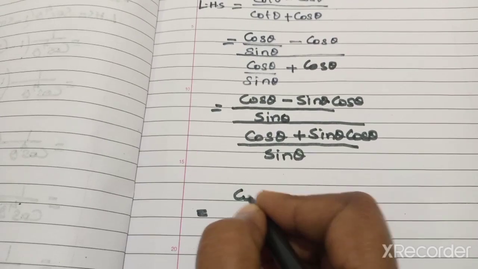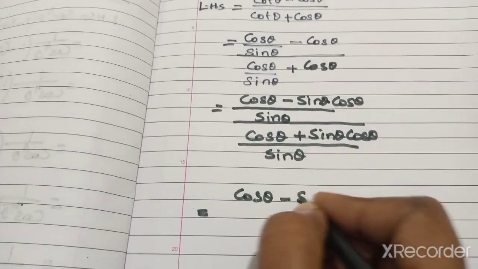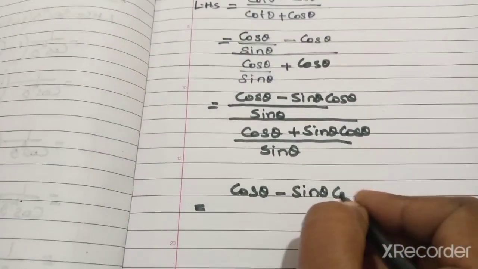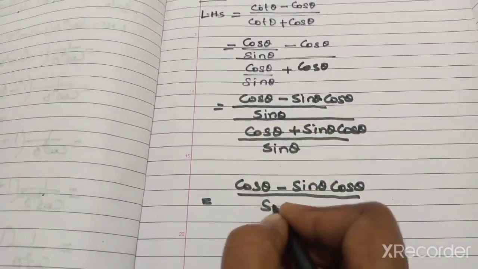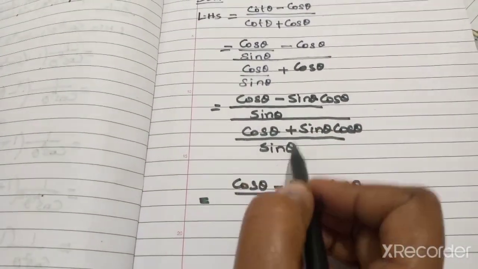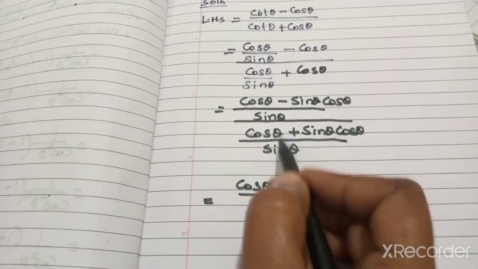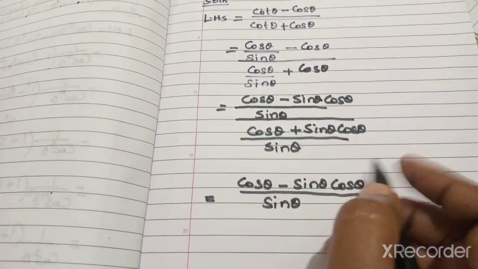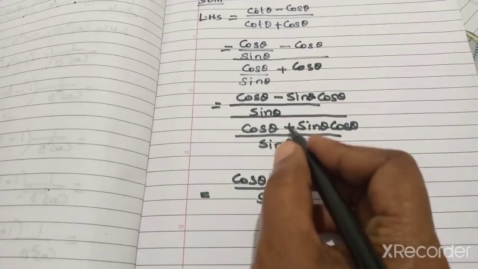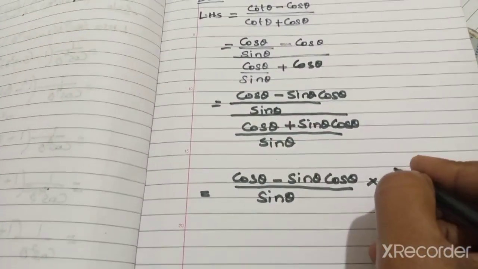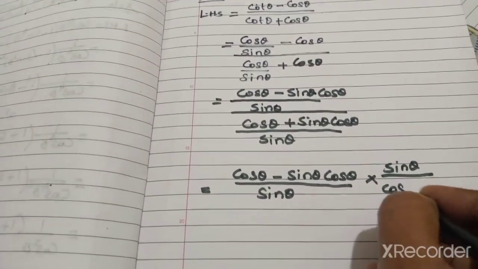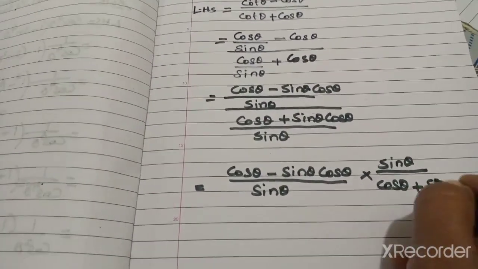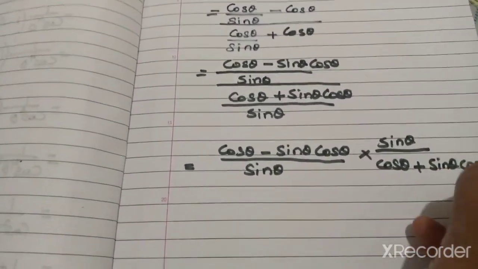Listen carefully: cos theta minus sin theta cos theta by this sin theta. Now for this denominator term, let us change the division into multiplication, so the reciprocal can be written: sin theta by cos theta plus sin theta cos theta.